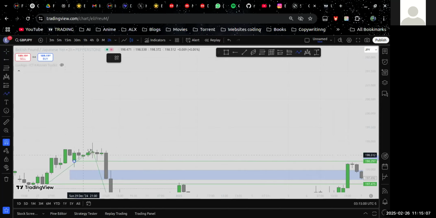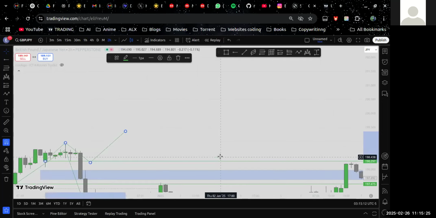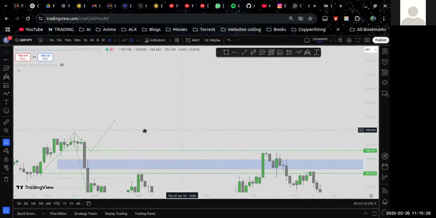So my mentor told me one of the best setups is a failed setup, a flip. So you got this trade here simply because there was a flip. This is a 2-hour time frame, so if you go to 1 hour you get the entry better.